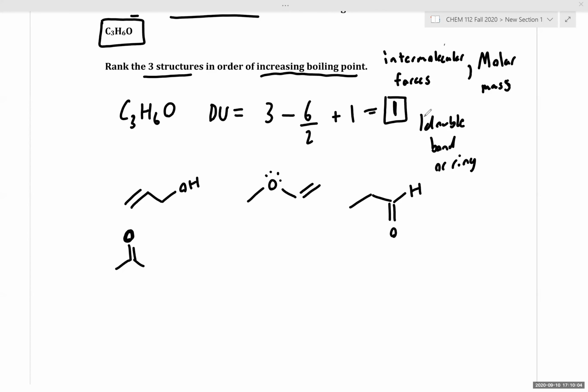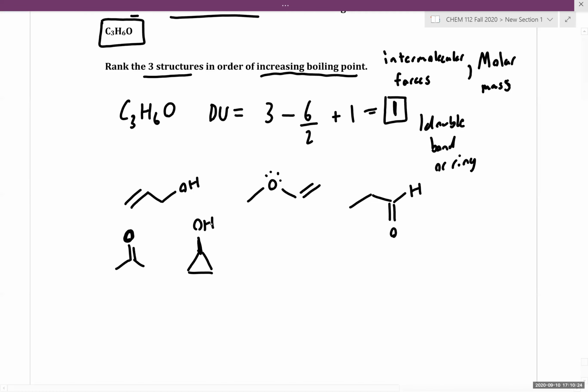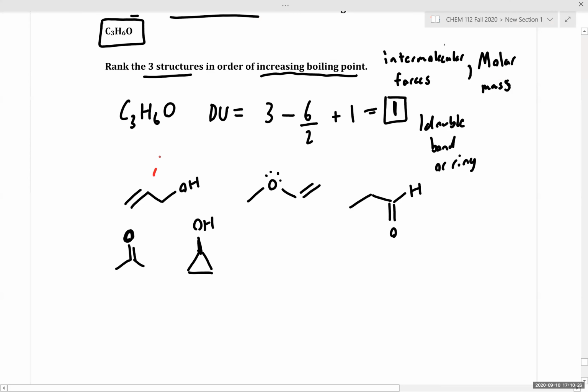So our constraint is we need 1 double bond or ring. So our other option, we could also have a cyclic structure that looks something like this. Okay, so we have these 5 constitutional isomers to work with here.